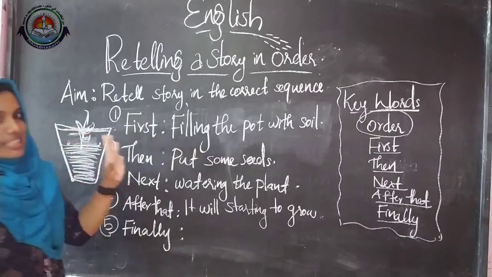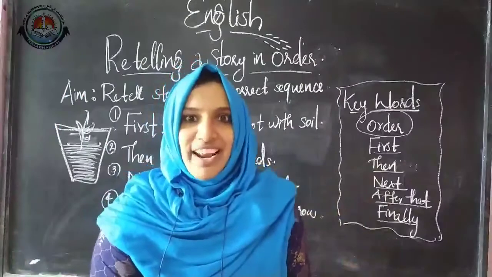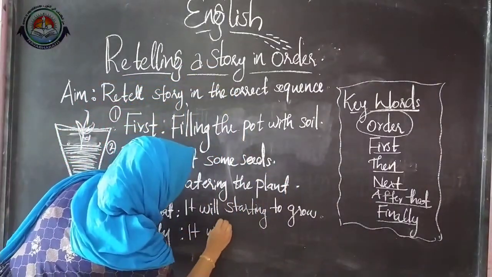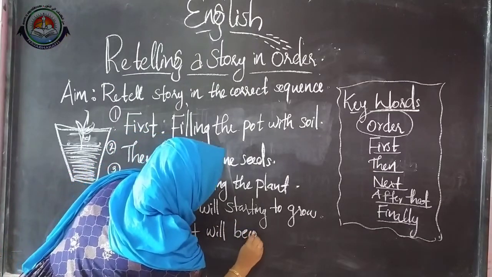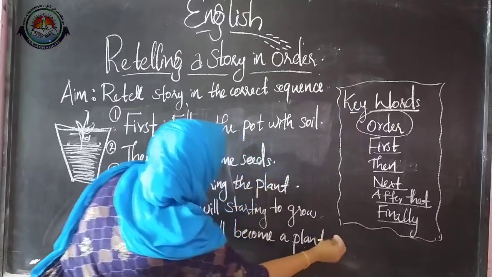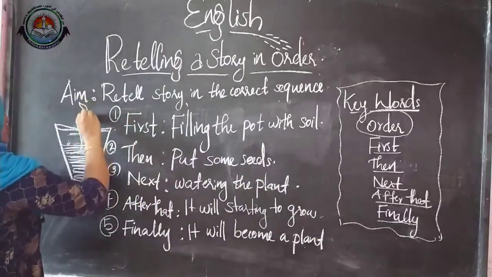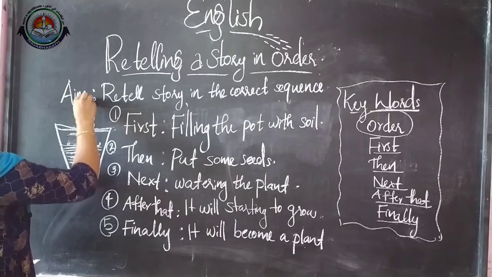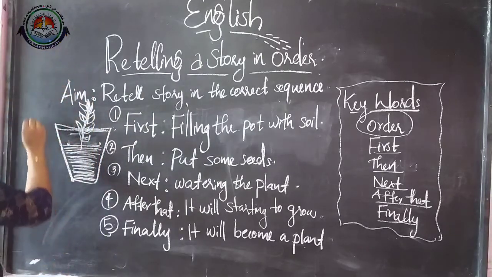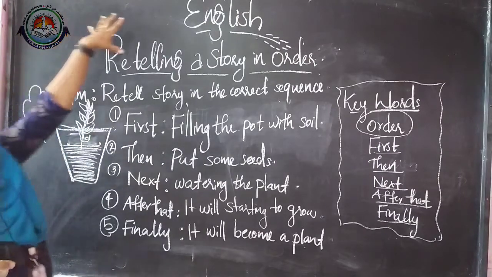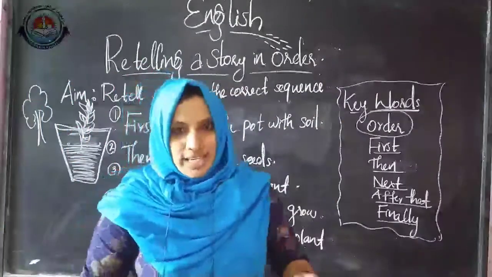Finally, the seeds will become a plant. Right? It will grow a little more like this, and at last it will become a plant, and after all it will become a tree like this, so big, right?